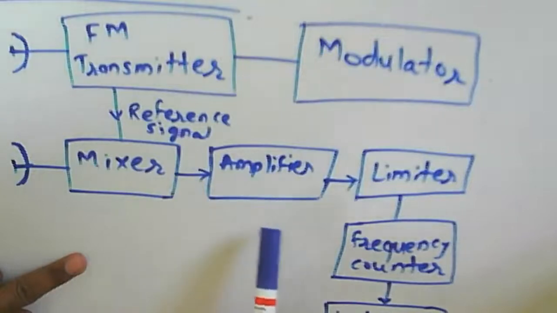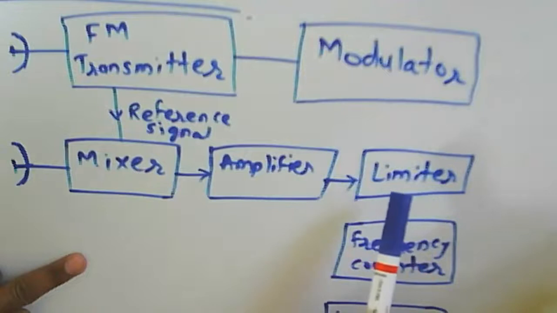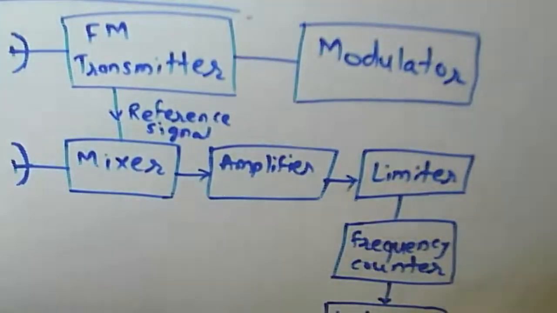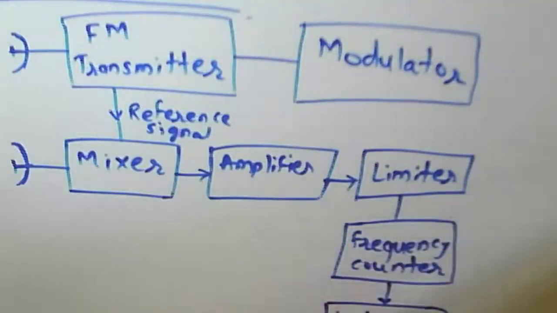And then after the amplifier we use the limiter, and that limiter is used to remove the noise or the amplitude fluctuation here. Then we will get a particular signal or cycle here, and from that signal we find out the frequency for the given signal, and then it will indicate the echo signal frequency.